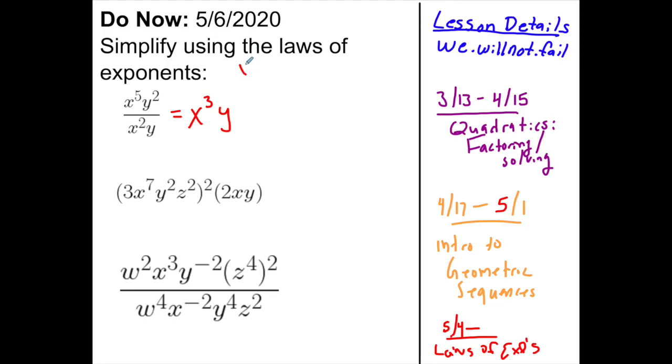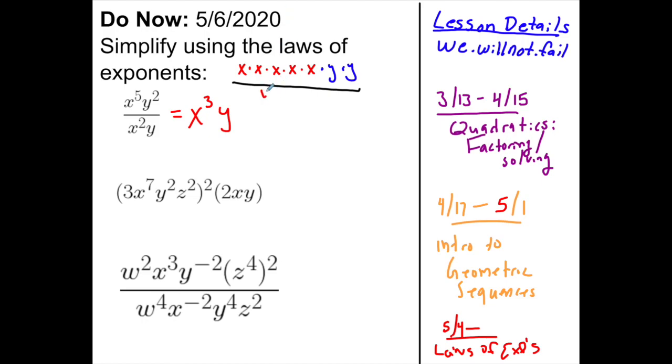To visualize, this is x times x times x times x times x. That's what it means to be x to the fifth. Times y times y. Let me do the y's in a different color. Times y times y.